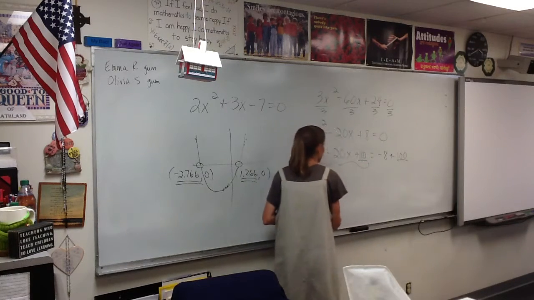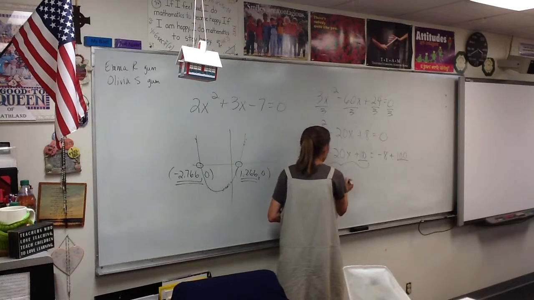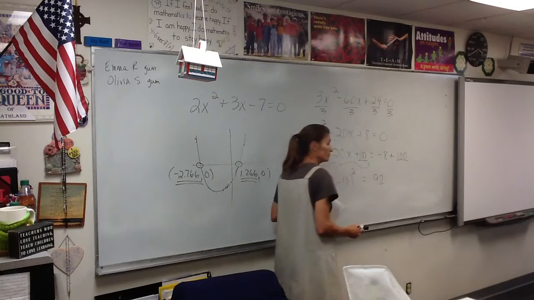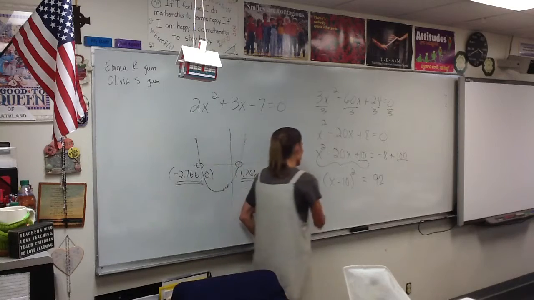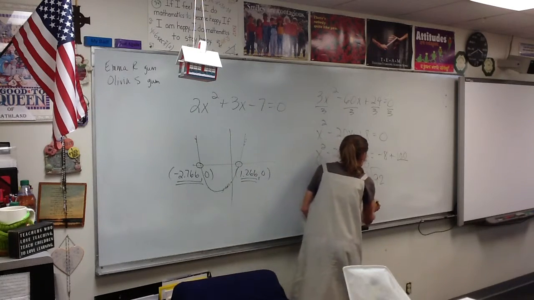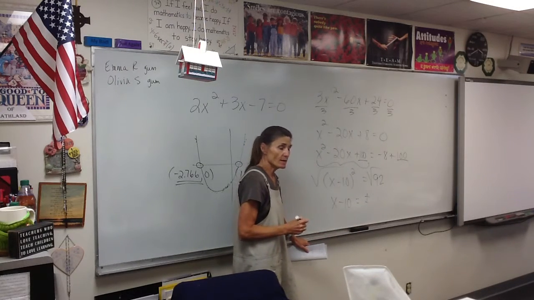What is this? x minus 10 squared, 92. Now what? Square root both sides. So x minus 10 equals plus or minus the square root of 92.